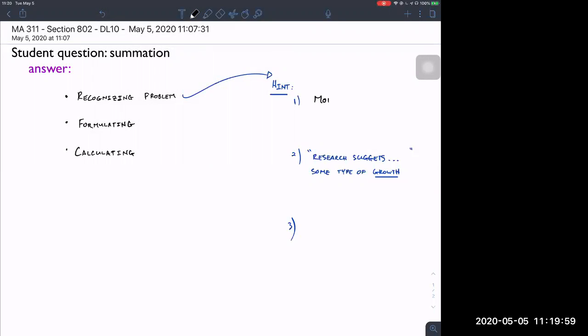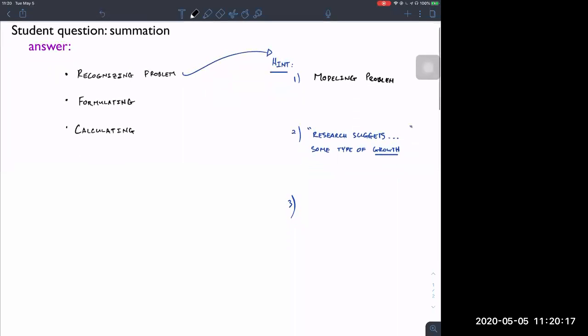Basically, we only see summations in modeling problems, right? You're not going to all of a sudden see a summation in a finance problem, in the sense that I will go, hey, it's compounded monthly, and then all of a sudden you got to do a summation for this. No, it doesn't work that way, right? So research suggests, and then normally with research suggests, I give you some kind of initial, some kind of cost, and some kind of growth.